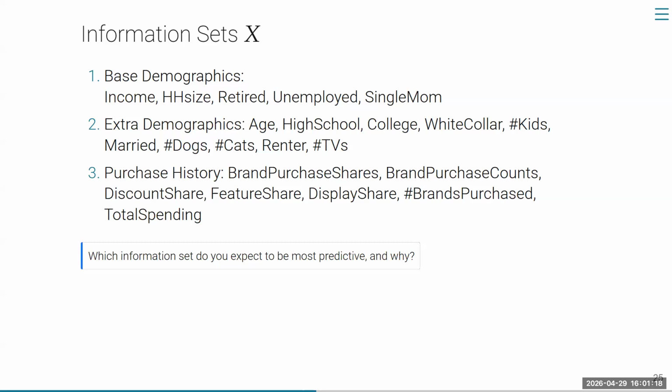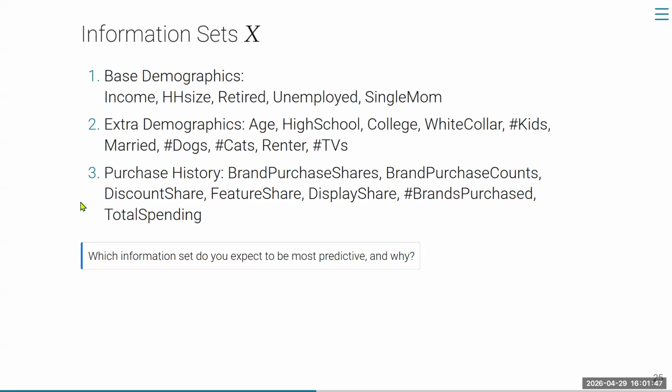Now, the three sets of training data that we're going to use, the first one is going to be a fairly standard indicator of demographics. And you'll recall I've told you that those are generally not strong predictors of choices in most categories. The second one is going to supplement that with more information about the household. Some of these variables refer to the head of household's educational attainment or the household composition.